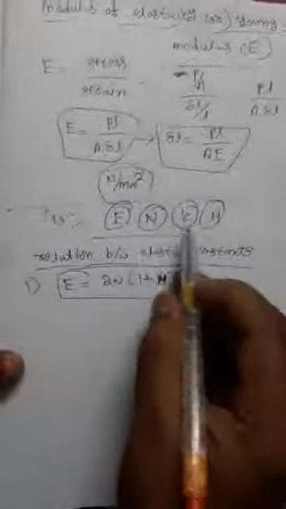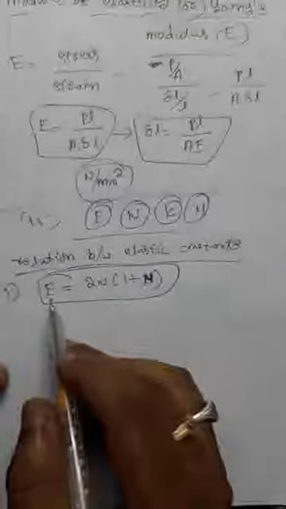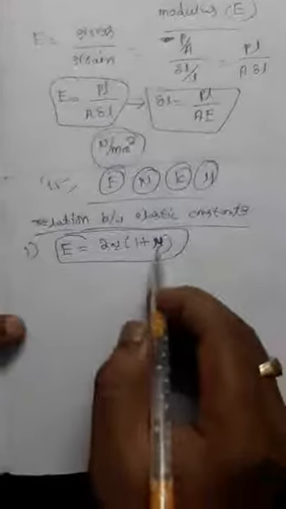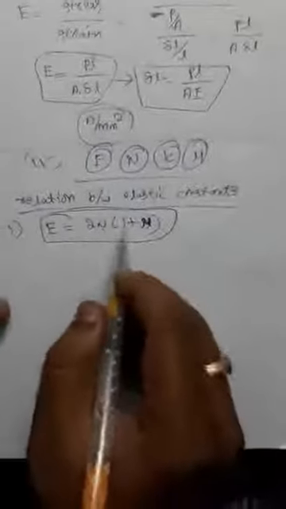The first relation between elastic constants is E equal to 2n into 1 plus mu. These formulas are very useful while doing your problems. There are 4 elastic constants, and the relation between Young's modulus, modulus of rigidity and Poisson's ratio is E equal to 2n 1 plus mu.